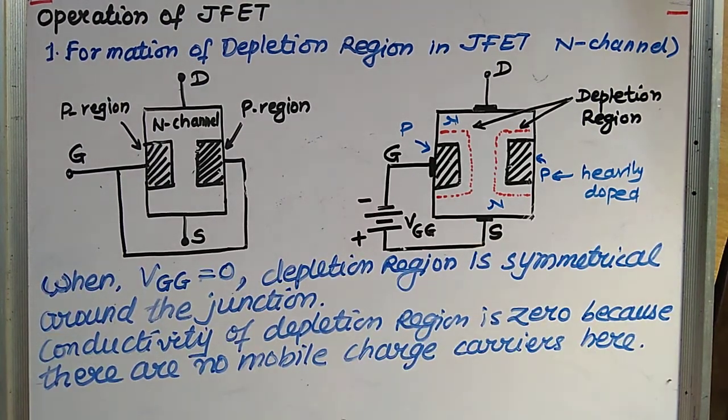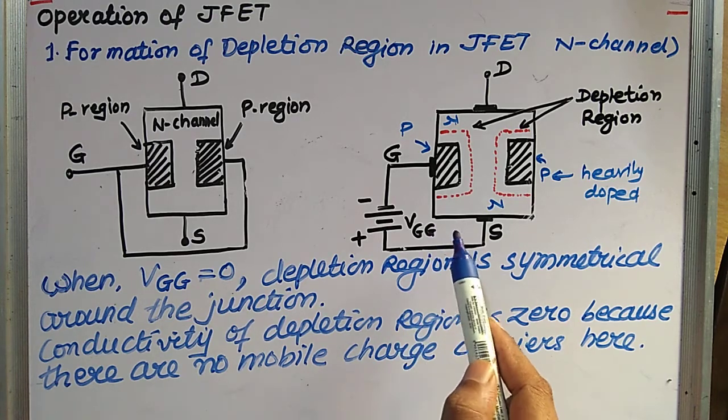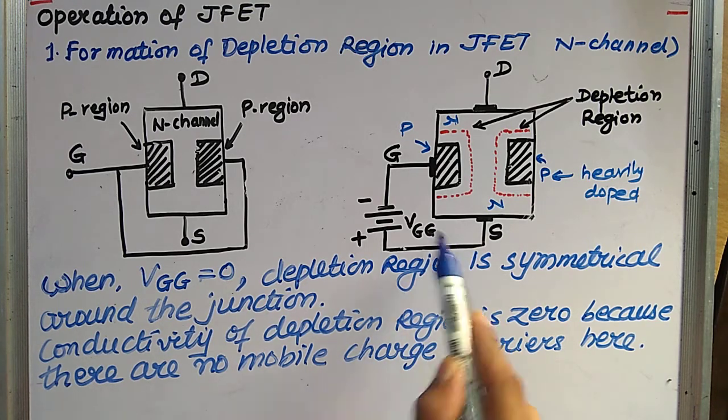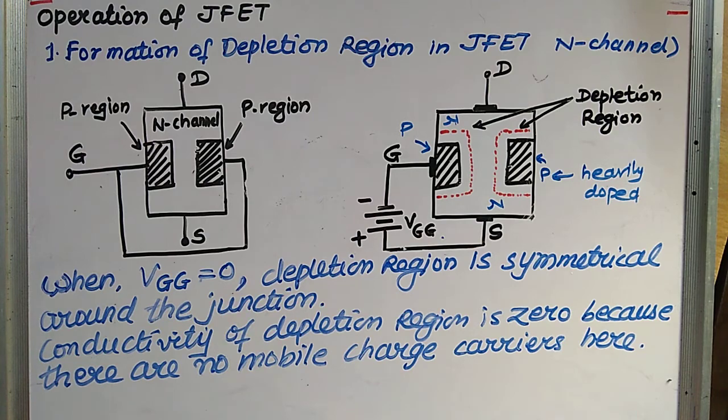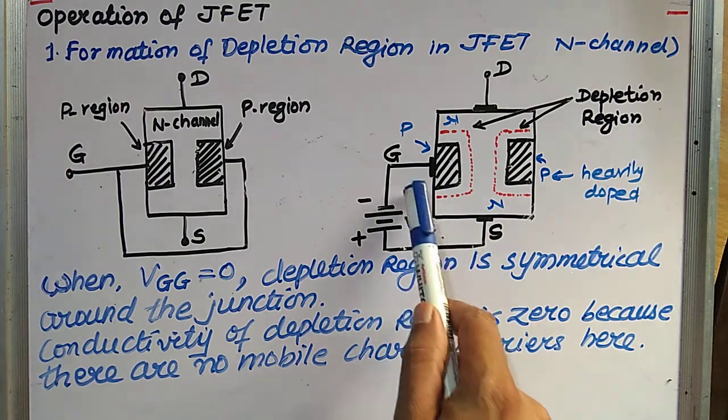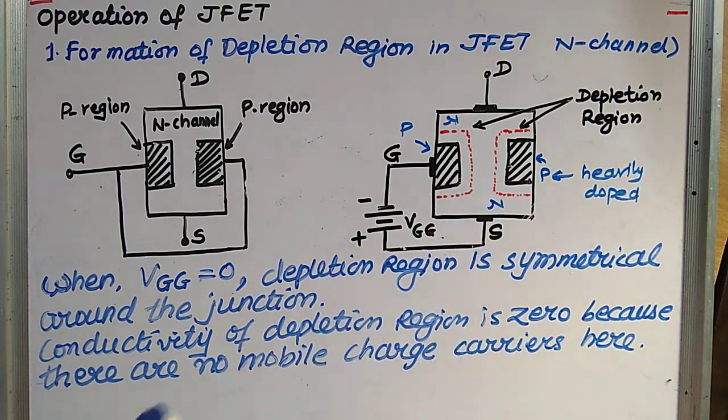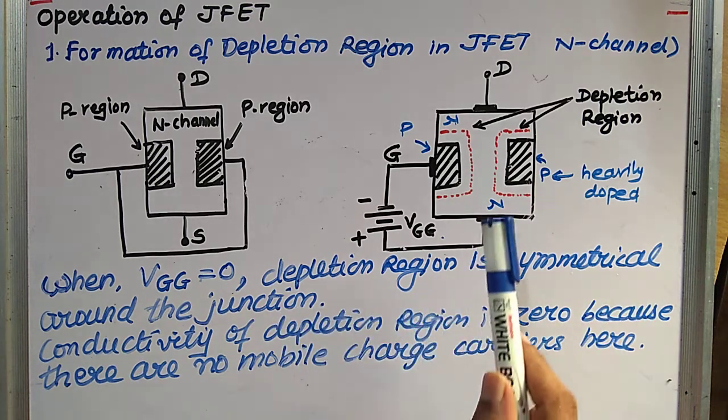Now again consider a situation when we do not apply any gate to source voltage, that is the condition when VGG is equal to 0, that is gate to source voltage is 0. If gate to source voltage is 0, the depletion region is symmetrical around the junction.